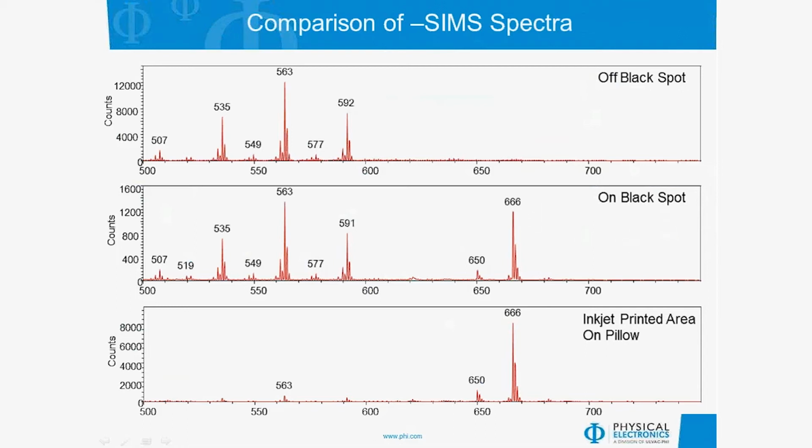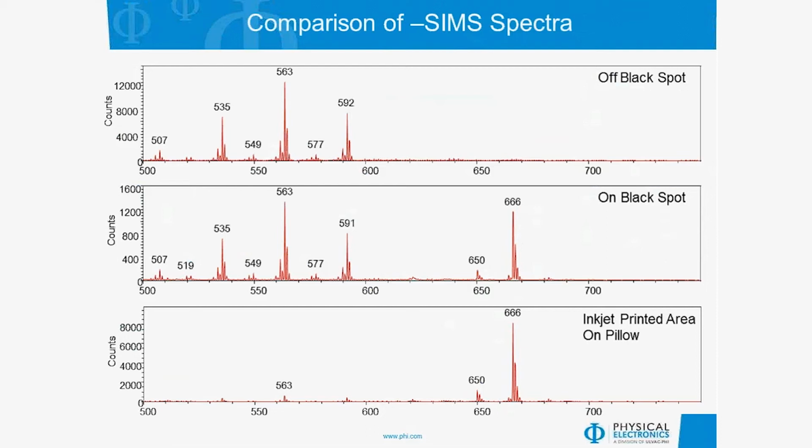And the obvious difference is this peak at 666 and 650. These two peaks showed up on the inkjet printed area on the pillow as well. So the initial blame was placed on the inkjet printing on the pillow.